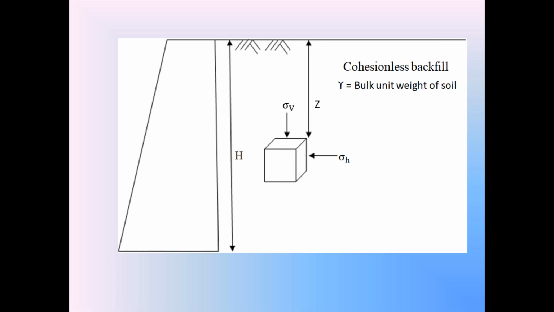First consider the soil element in the rest condition. The retaining wall is in rest condition, the backfill is also in rest condition, and the soil element is also in rest condition. When the soil element is in rest condition, this horizontal stress sigma H is the at rest horizontal earth pressure.